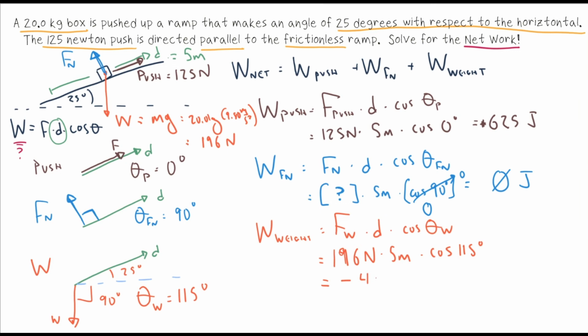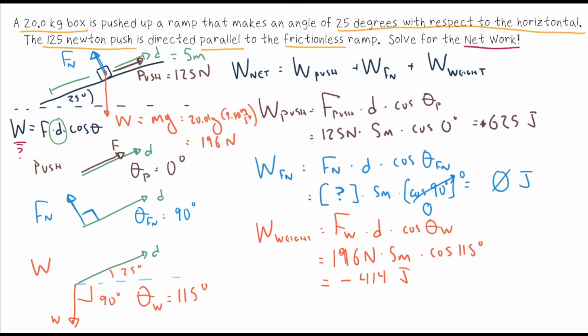Negative 414 joules. Okay? Which means that the work done by the push is adding energy to the object. The work done by the weight is taking energy away from the object. The weight is acting against the displacement.